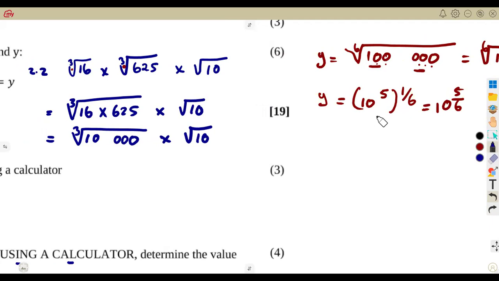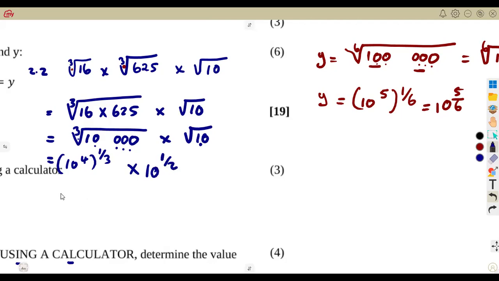So you can see we are still very far. Let's figure out here. Can we have the base of 10 here? This is 1, 2, 3, 4. So that's 10 to the exponent of 4 being raised to the exponent of what? A third. The cube root means what? A third. Times 10, the square root of 10 means 10 to the exponent of what? A half.